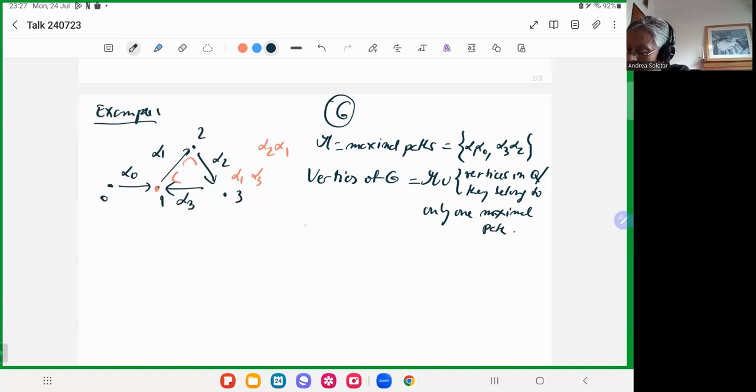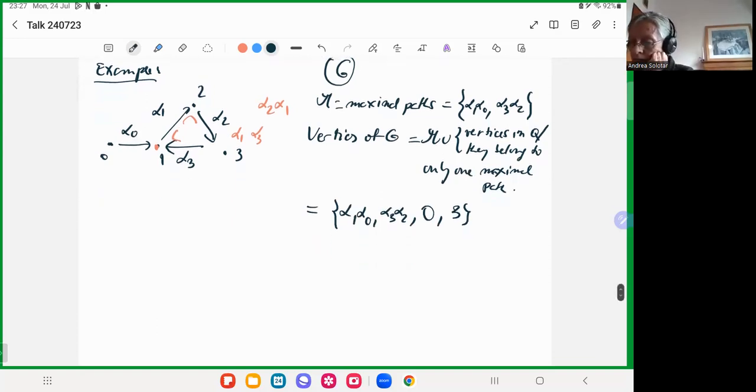Okay, so in this case, it is going to be M, which is alpha 1, alpha 0, alpha 3, alpha 2, and then we have to add two vertices, the vertex 0 and the vertex 3, because they belong just to one maximal path. The vertices 1 and 2 do not satisfy this condition, okay?